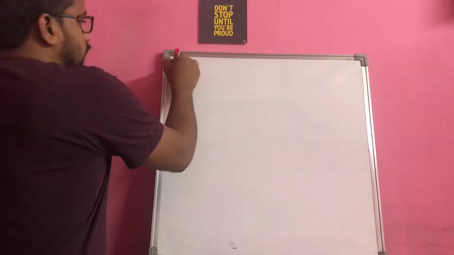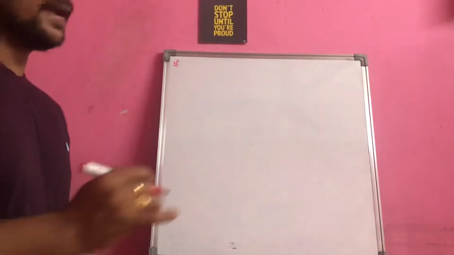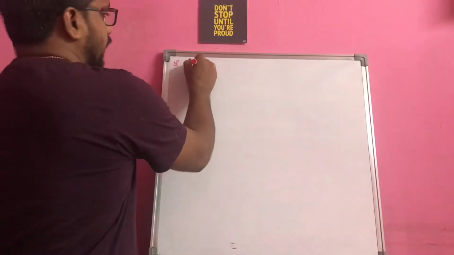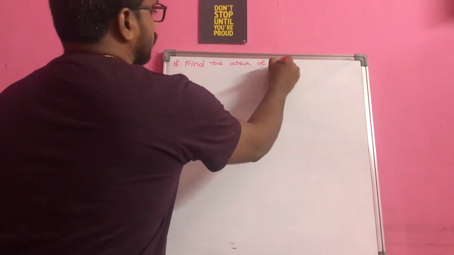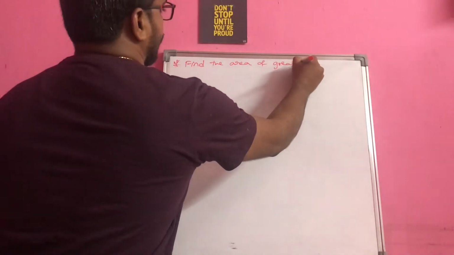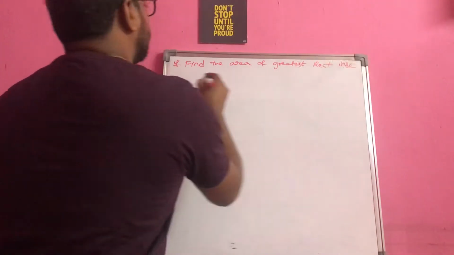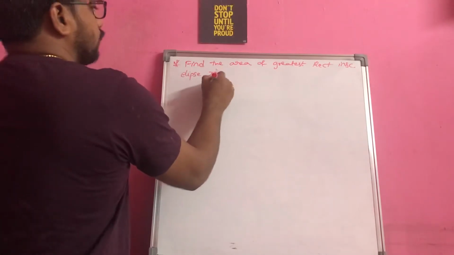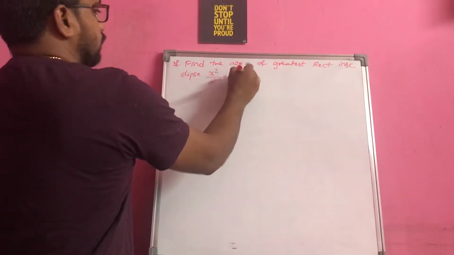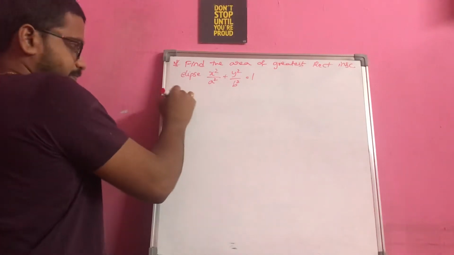So see this question. Find the area of the greatest rectangle inscribed in the ellipse x square by a square plus y square by b square is equal to 1.